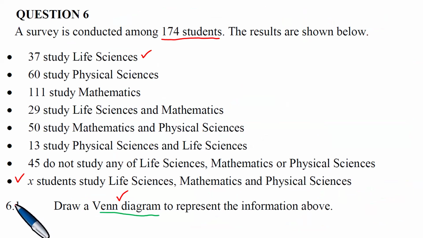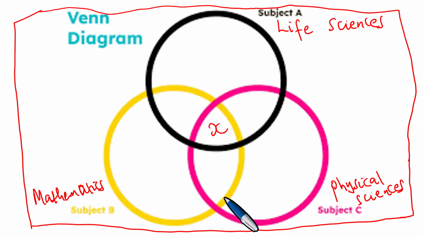What else do we have? We begin migrating away. We realize that there are 13 students that study physical sciences and life sciences. You look at physical sciences and life sciences, and those are 13.